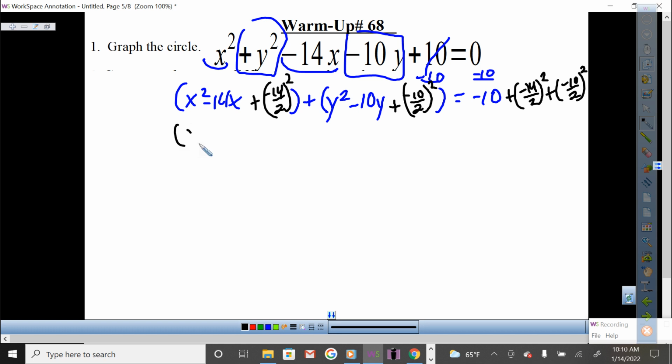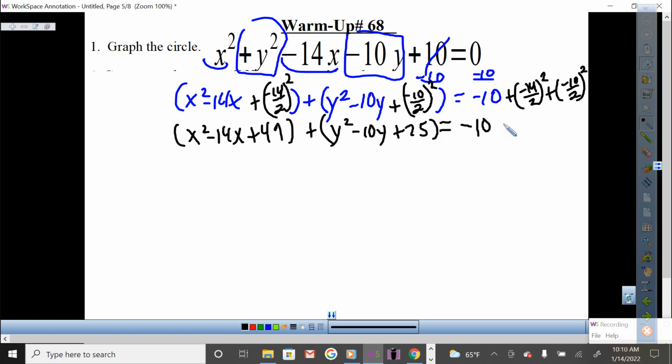So that gives us x squared minus 14x plus 49 plus y squared minus 10y plus 25, all equal to negative 10 plus 49 plus 25. Combine like terms on the right side: 49 and 25, that's 74, minus 10, that's 64.